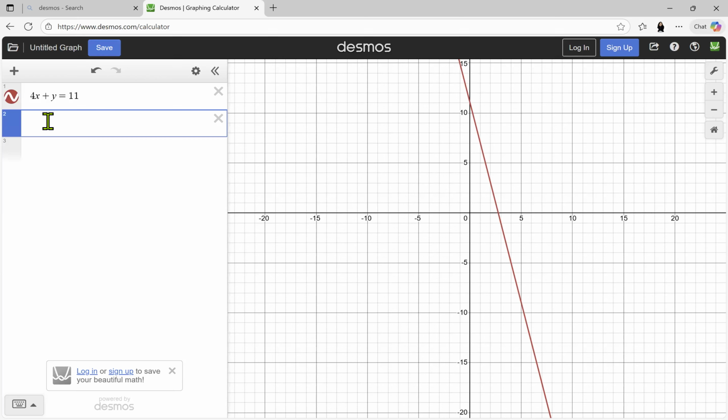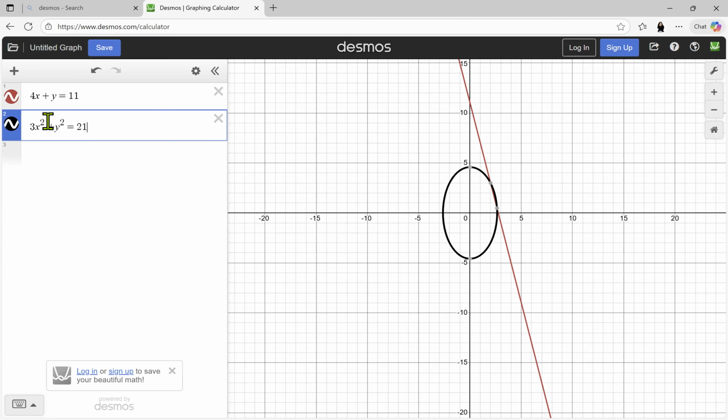So that's the linear one. And then you have 3x squared plus y squared is equal to 21. Right? So this is actually not a curve. As you can see, it's a circle.